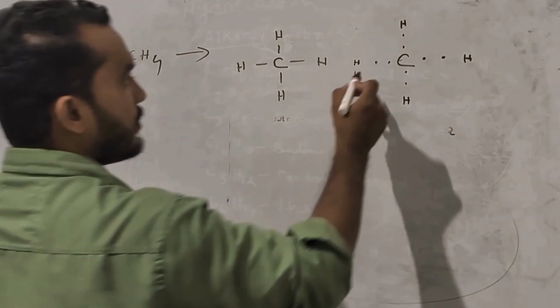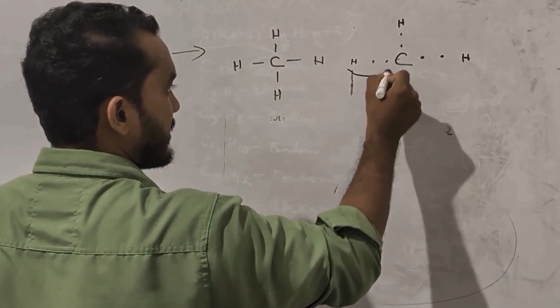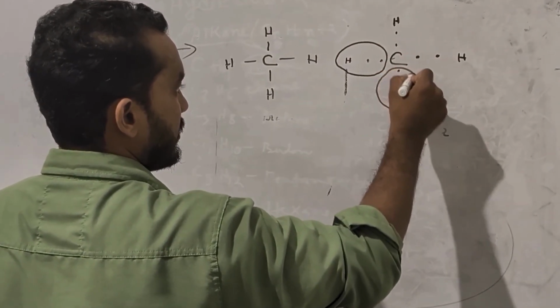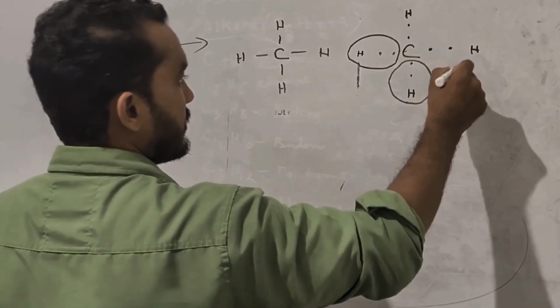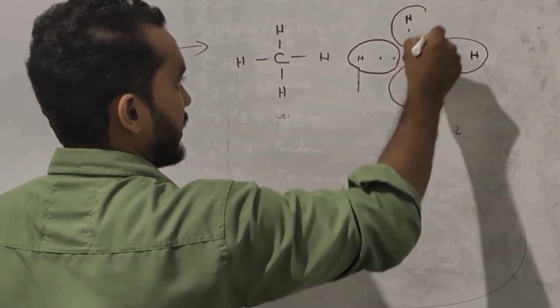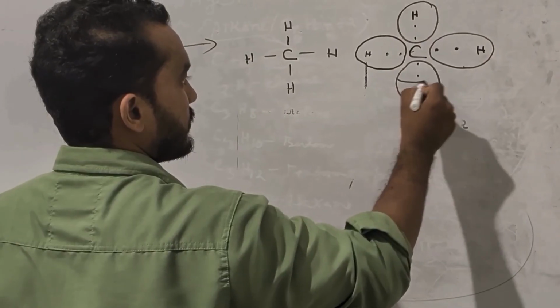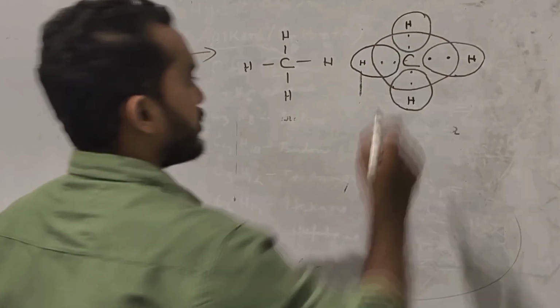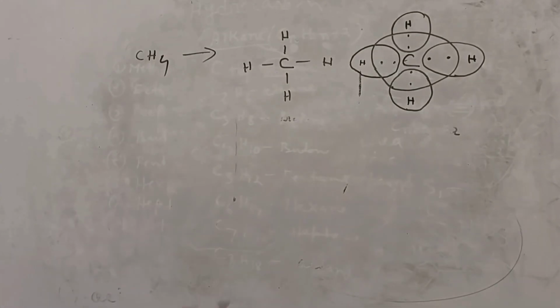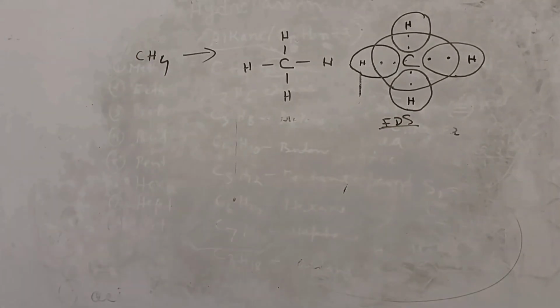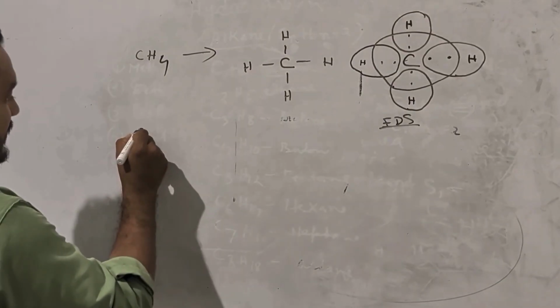Now I will circle the hydrogen. It indicates that the hydrogen is satisfied, with 2 electrons in the outer shell. Now this is for carbon, where carbon is also satisfied. This is the EDS of methane.